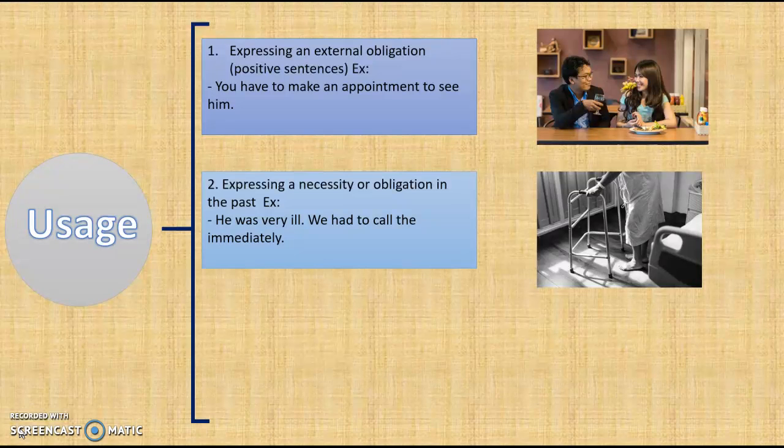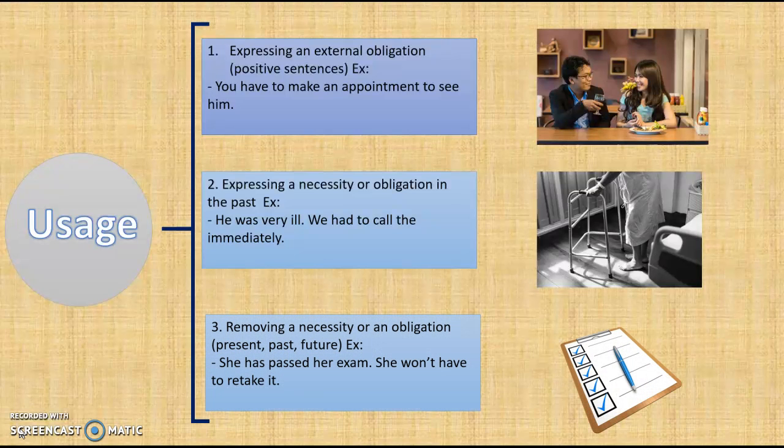As an example, he was very ill. He had to call the doctor immediately. And the last one is to remove a necessity or an obligation. We can use it in the present, past, or future. For example, she has passed her exam. She won't have to retake it.